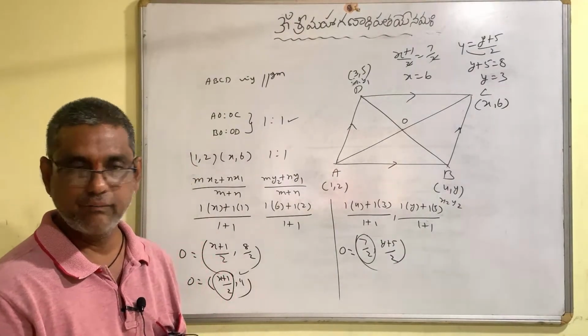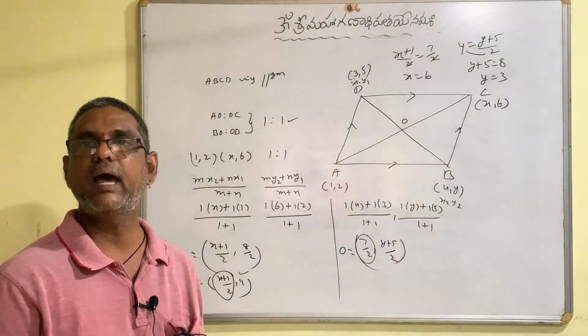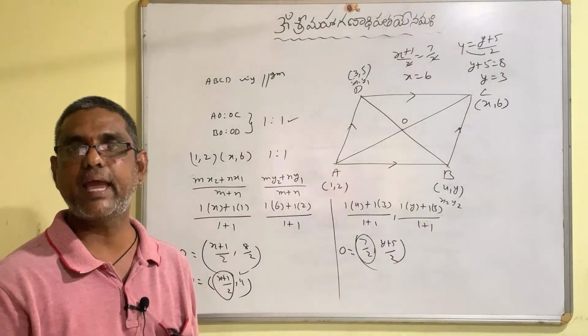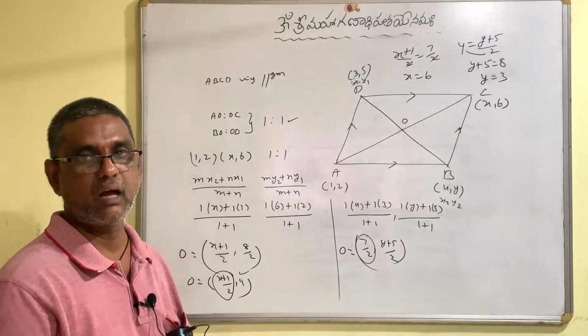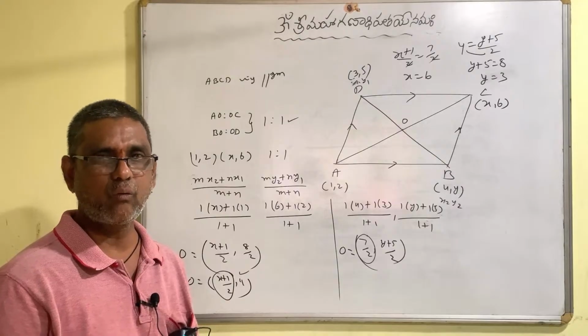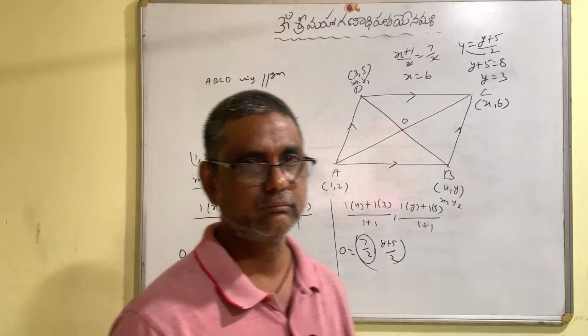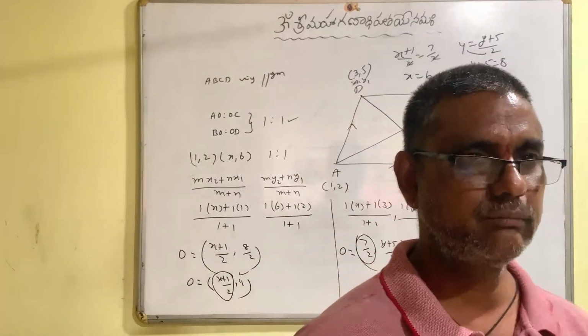Even though we got two different values, they are the values for the same point. Will a point have two different positions?